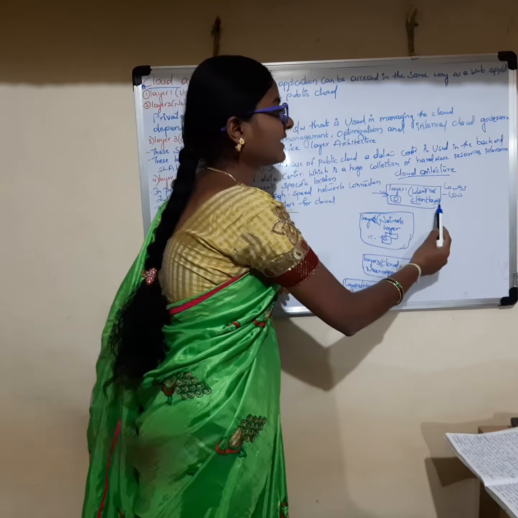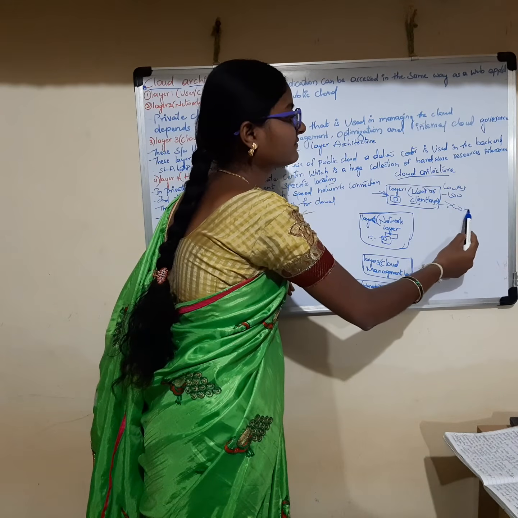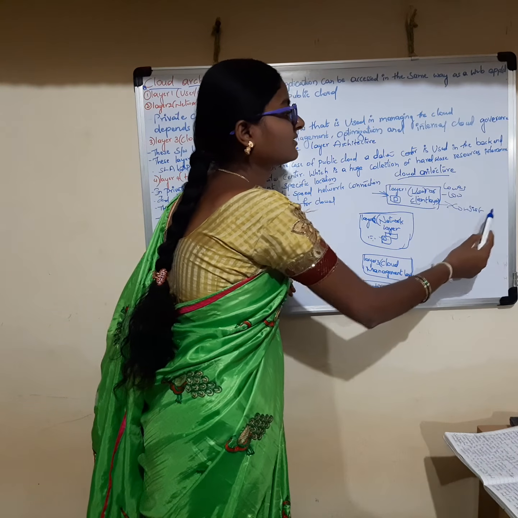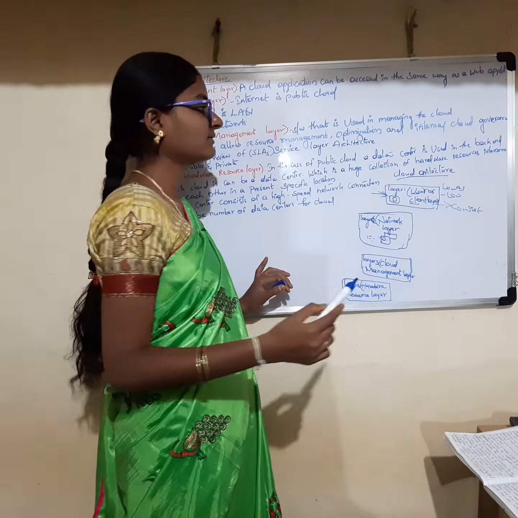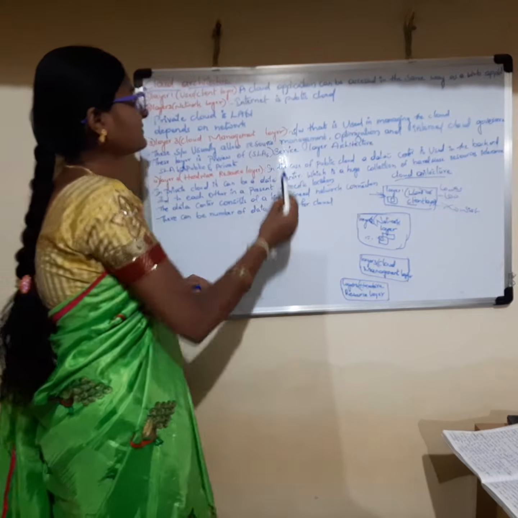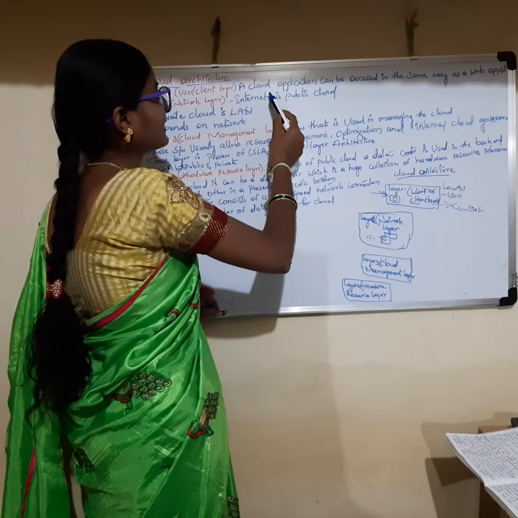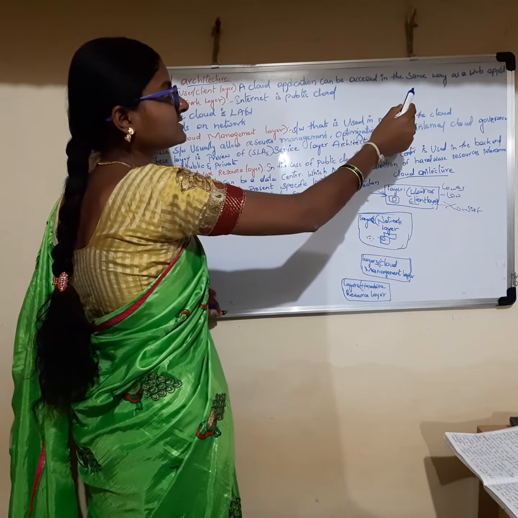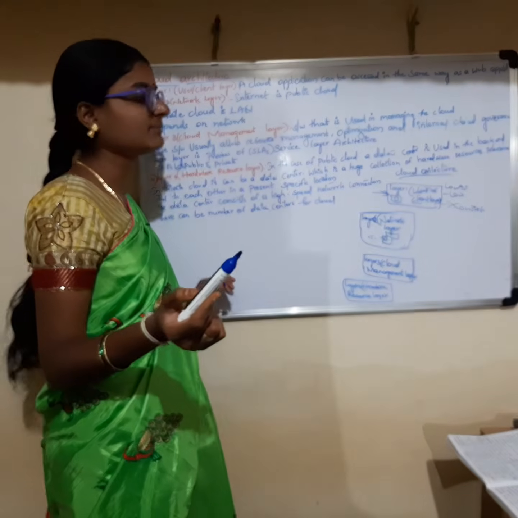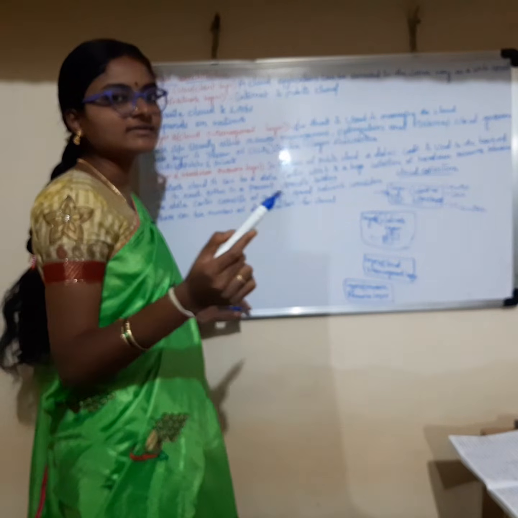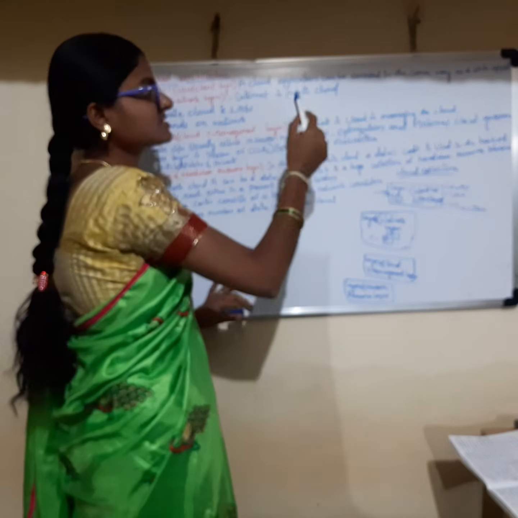It consists of users and clients. In the user and client layer, a cloud application is accessed in the same way as a web application. In cloud, the same way web applications are used.